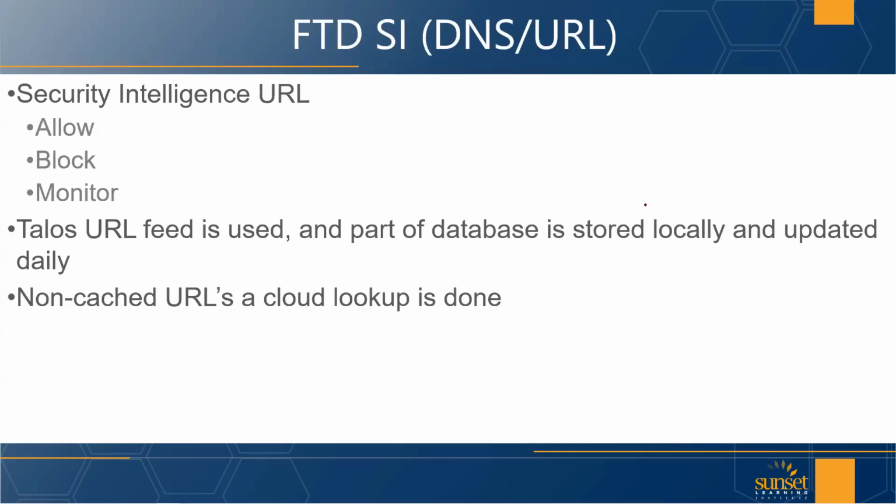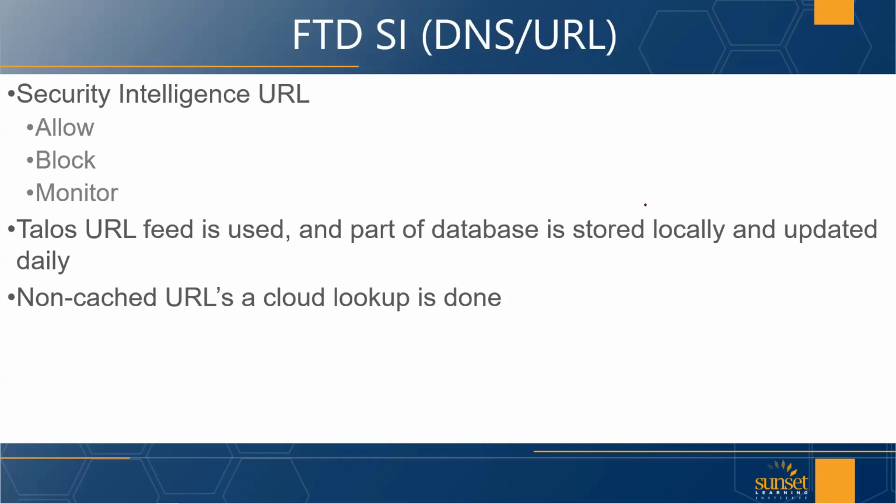SI, security intelligence for DNS URL, will allow you to allow it, block it, or monitor it. And again, the URLs come from Talos. They also come with categories and risks. So you could do a category called adult sites.